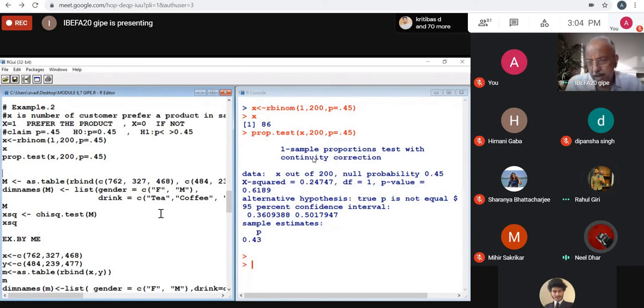Okay, sir. Suppose I reject H0 and p is greater than 0.45, what will be the action by the company? The company will supply more bottles this time, because customer demand for Horlicks is more. And if p is less than 0.45, what is to be done?